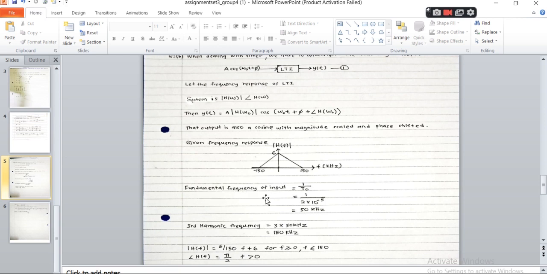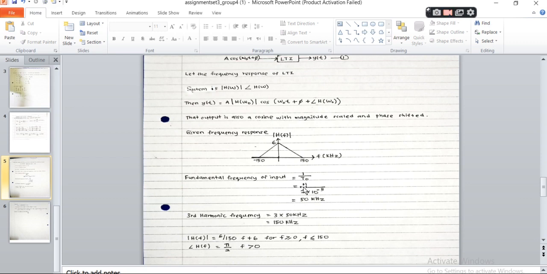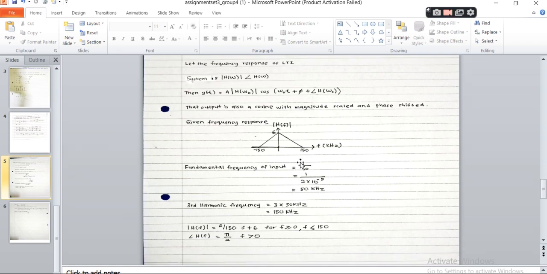The fundamental frequency, which we know is 1 over T naught, equals 15 kilohertz. For the harmonics, we only substitute the values of the frequency and multiply by 3 according to the harmonic number. We say 3, so it will be 150 kilohertz.